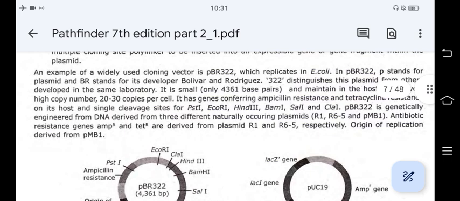It has genes conferring ampicillin resistance and tetracycline resistance on its host, and single cleavage sites for PstI, EcoRI, HindIII, BamHI, SalI, and ClaI. pBR322 is genetically engineered from DNA derived from three different naturally occurring plasmids: R1, R65, and pMB1. Antibiotic resistance genes ampicillin R and tetracycline R are derived from plasmids R1 and R65 respectively. Origin of replication derived from pMB1.